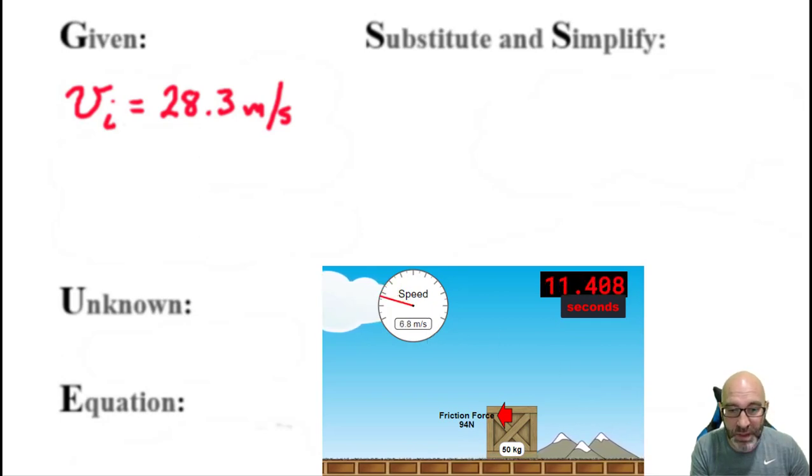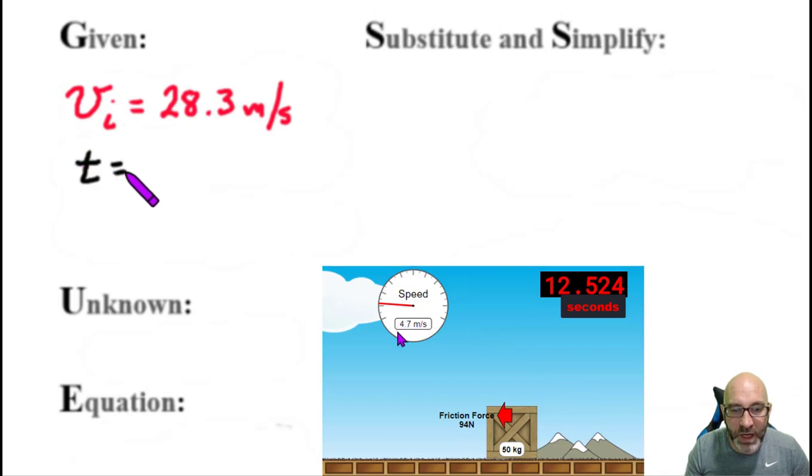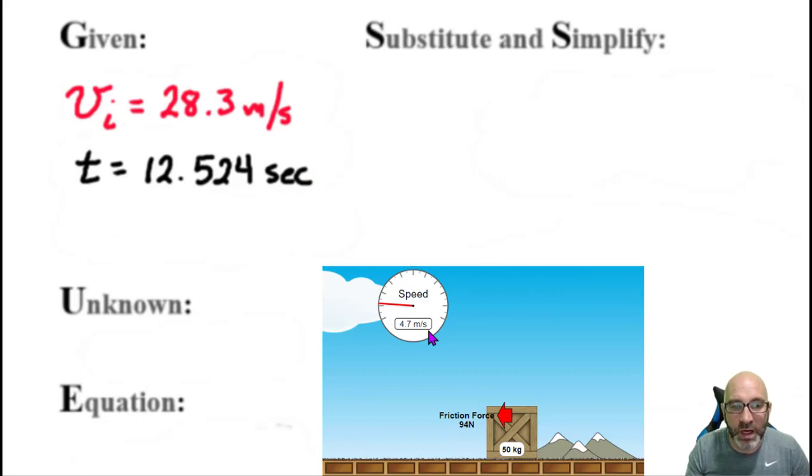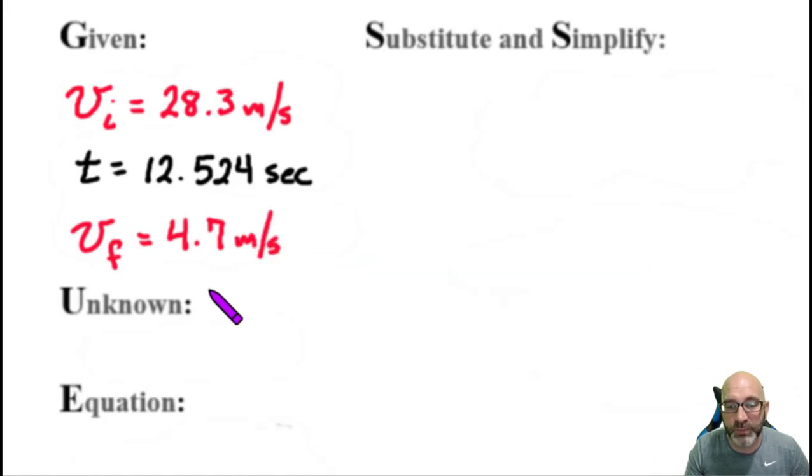But we notice that it took a time of 12.524 seconds before we had a velocity at the end, or the velocity final, of 4.7 meters per second. The thing that we're looking for is acceleration. We don't know that number, but we know that it is in meters per second squared.